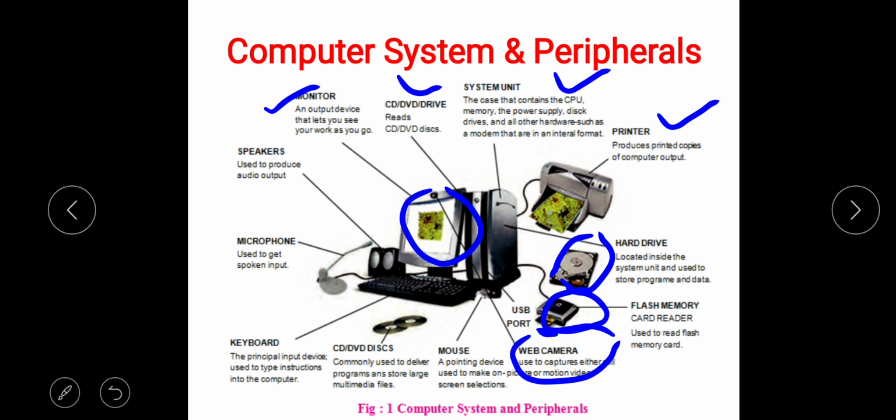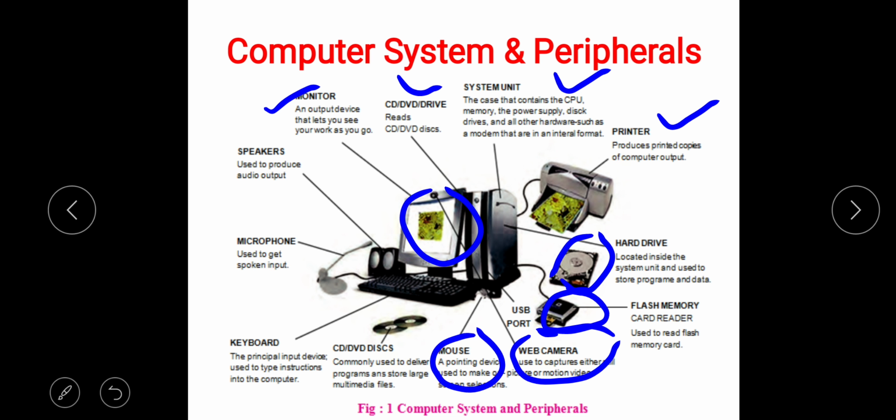If we are using a personal computer, sometimes it will be on top of your monitor screen, or otherwise we use it as an external USB device. Next, mouse. Mouse is called a pointing device, and again it is one type of input unit.